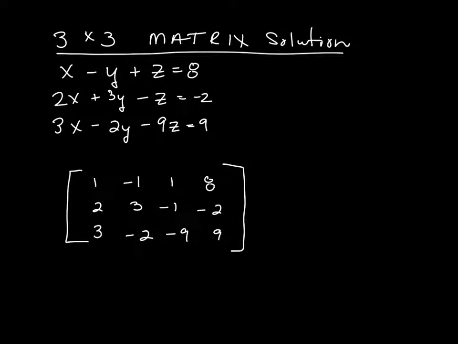Now, what we want to do is our first step is to turn this first spot into a 1, which we have. So there's no work to do that. So the next step, what we're going to do is we need to go ahead and turn this. And then we also want to turn this 3 into the 0.